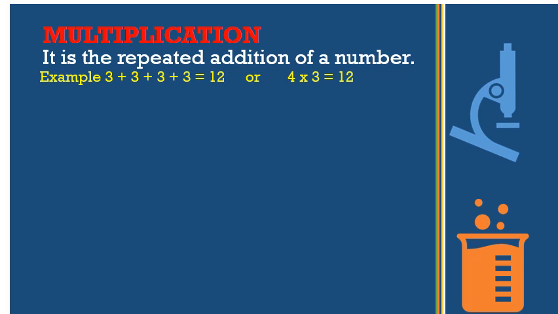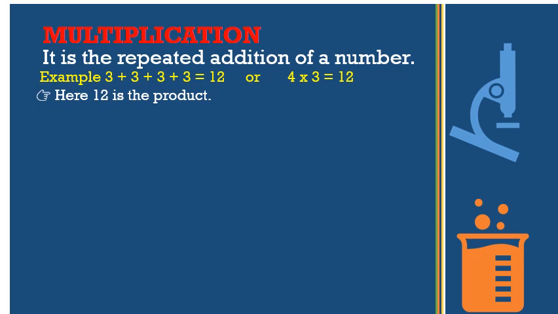Or we can say that 4 times 3 is equal to 12. So we can write this in multiplication form as 4 multiplied by 3 is equal to 12, where x is the multiplication sign.